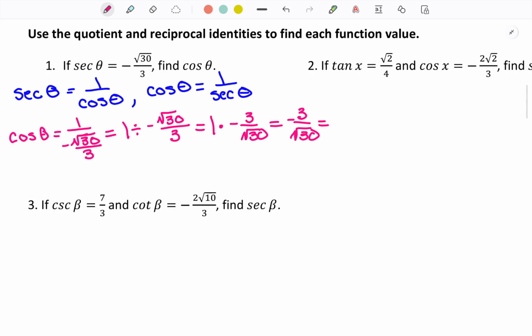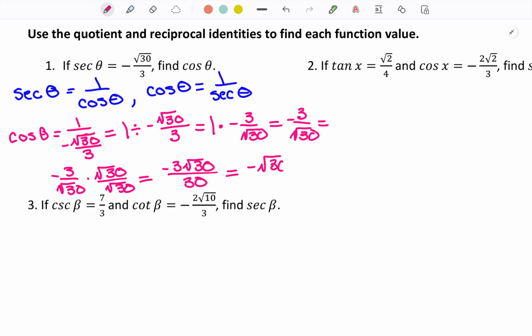And then we just have to rationalize. So we'll have negative 3 over the square root of 30 times the square root of 30 over the square root of 30. And that gives us negative 3 square roots of 30 over 30. And we can simplify this to the negative square root of 30 over 10. And there we go.